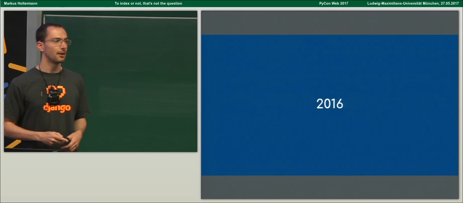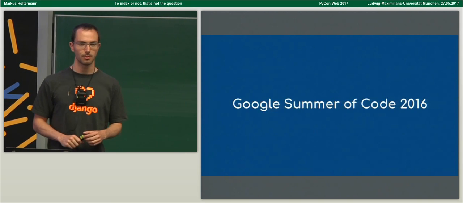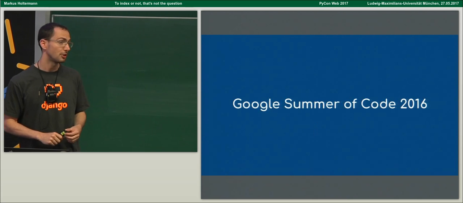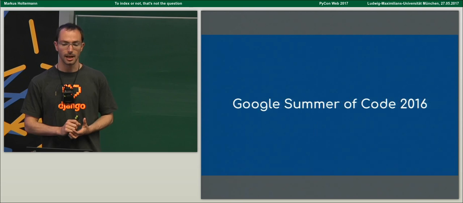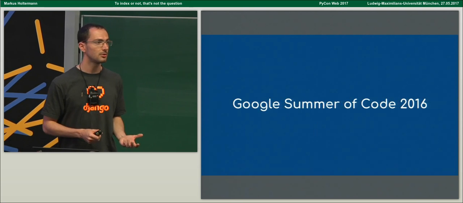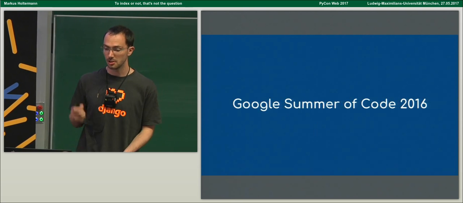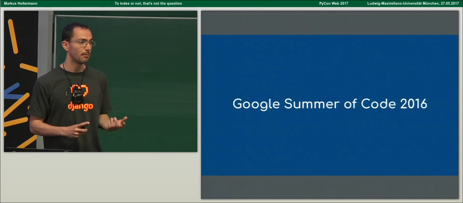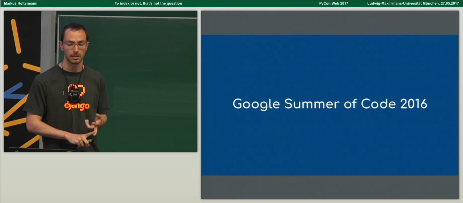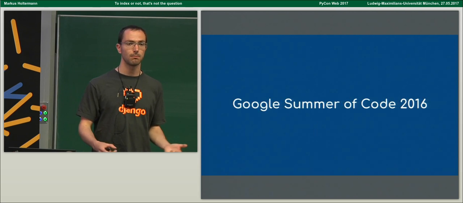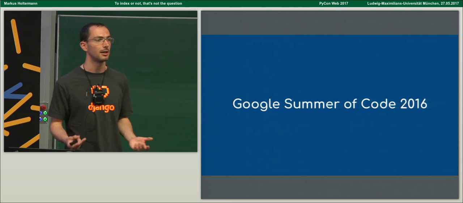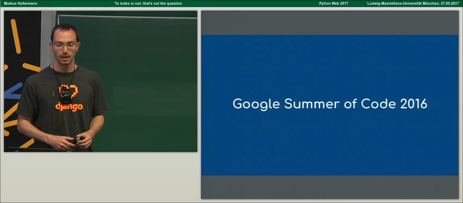But there's also the thing called Google Summer of Code, which the Django Software Foundation was lucky to be accepted to again in 2016. And we had a student there called Akshesh, who was mostly mentored by Tim Graham, Markus Holtermann, and myself, essentially building a more flexible index API into Django.